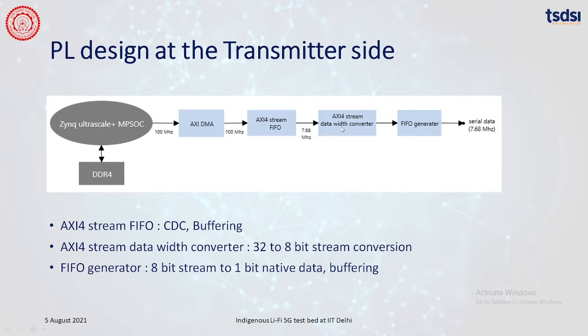Then the AXI4 stream data width converter. It is used for converting 32-bit wide AXI4 stream data to 8-bit wide AXI4 stream data. It is given to the FIFO generator. This will convert 8-bit wide data into 1-bit wide serial data and is used for buffering.